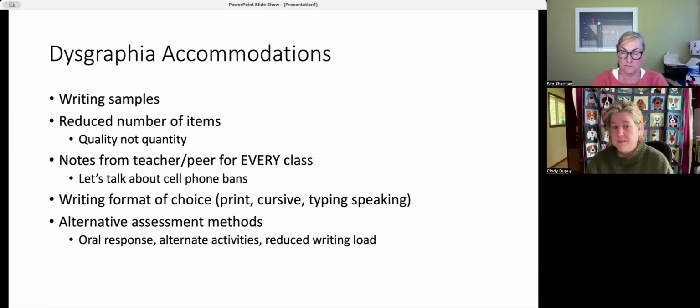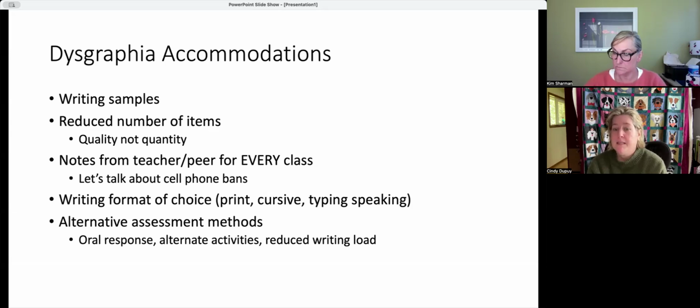All right, let's talk about the last one, which is alternative assessment methods. How can we test what the student knows without requiring them to put pencil, pen, finger to paper to demonstrate what they know? One of the common accommodations I give is the ability to expand upon their answers by talking to the teacher and giving an oral response.